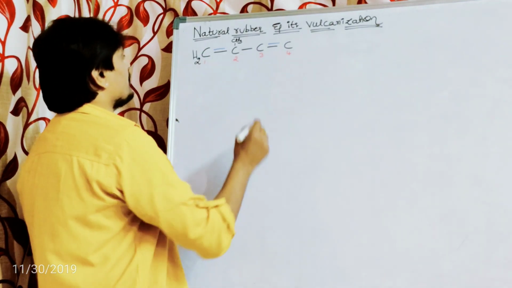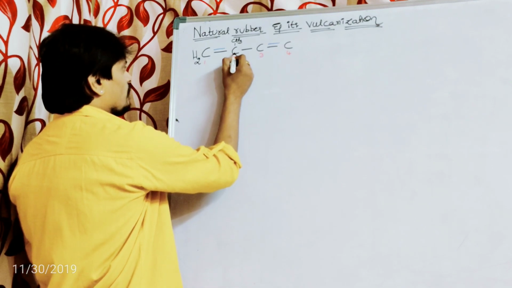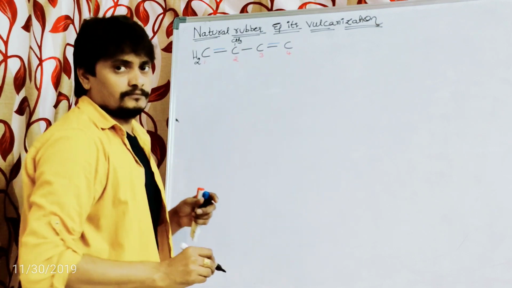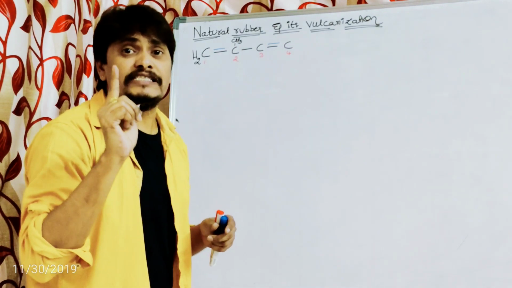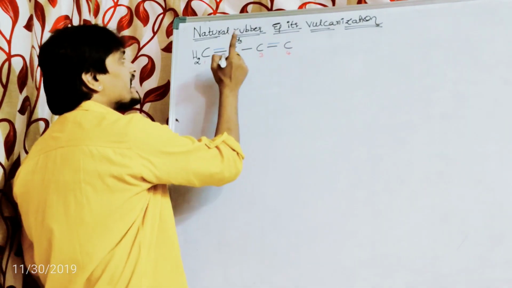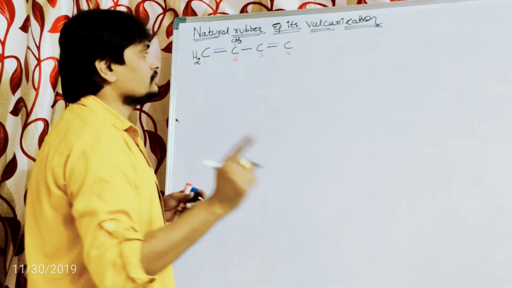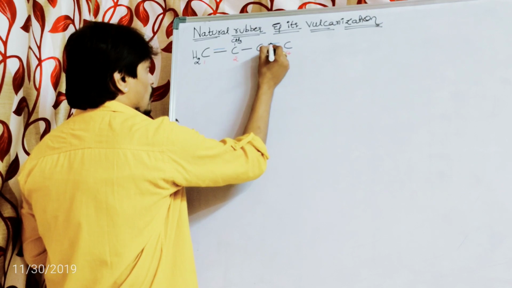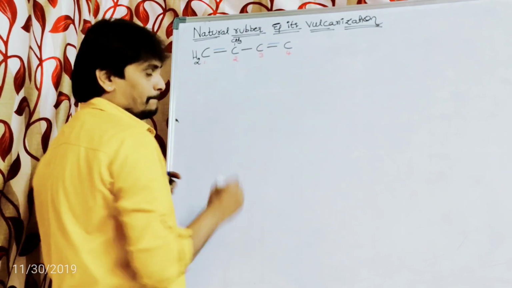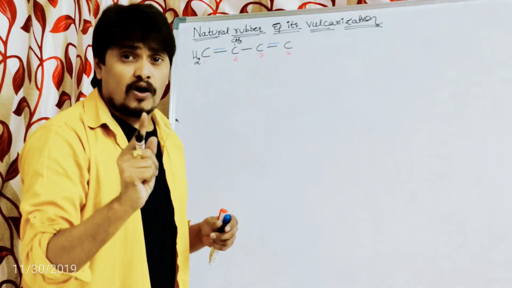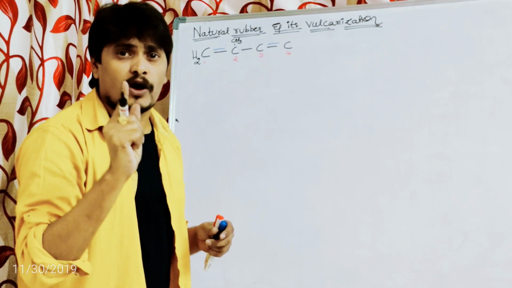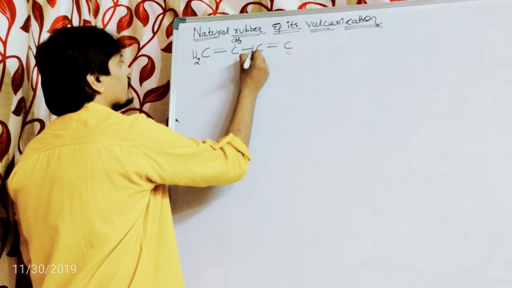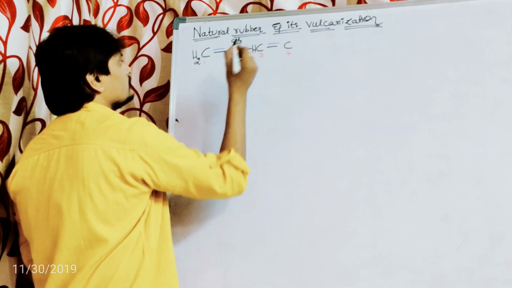Coming to the second carbon, around it there are 1, 2, 3, 4 bonds, so the valency has been satisfied and there won't be any hydrogen at the second carbon. At the third carbon, there are 1, 2, 3 bonds, so it is lacking 1 bond, and we place 1 hydrogen there.